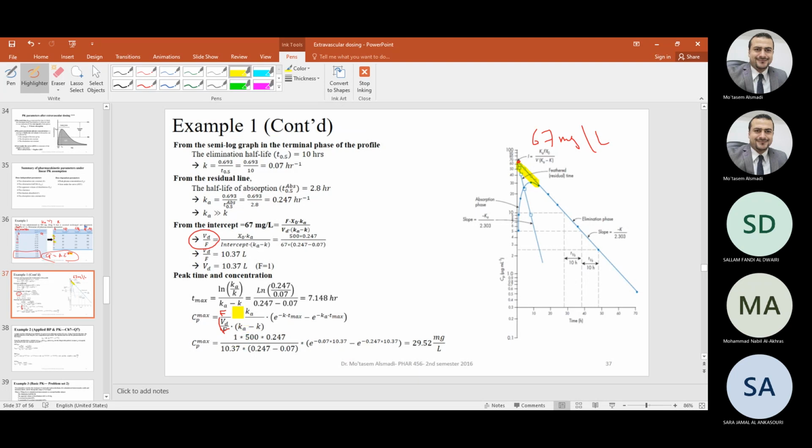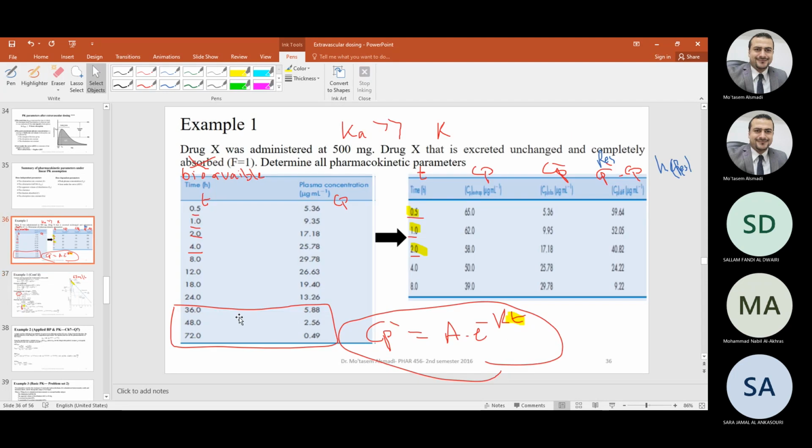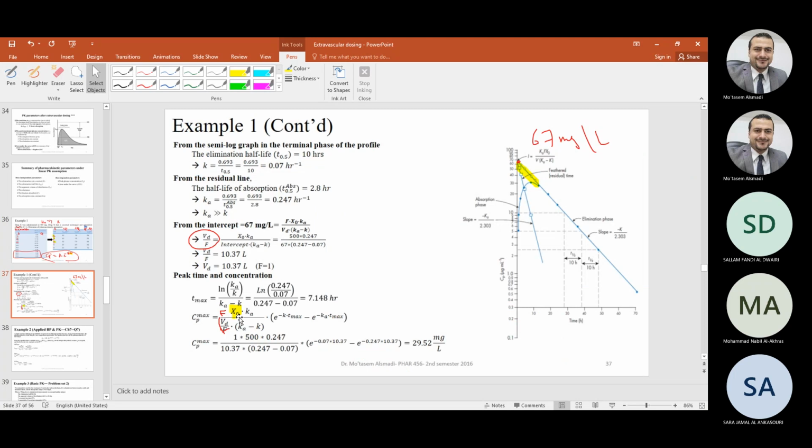Here you change the dose from 500, which is the original dose, to 1000. Because the only thing that will change if I change the dose is the dose. F will not be modified, the Ka will not be modified, the Vd over F or the Vd will not be modified, the K will not be modified, and Tmax, likewise, will not be modified. So the only thing that will change is the dose itself.